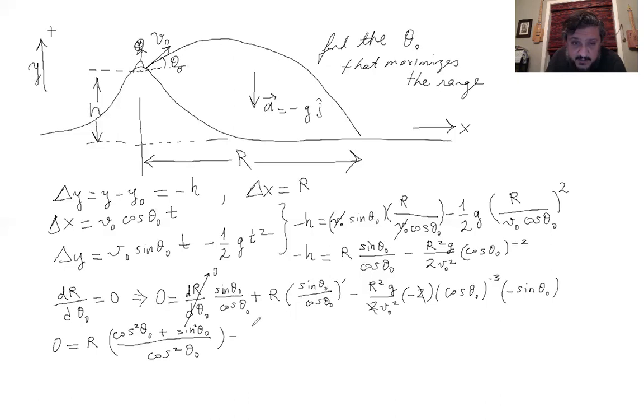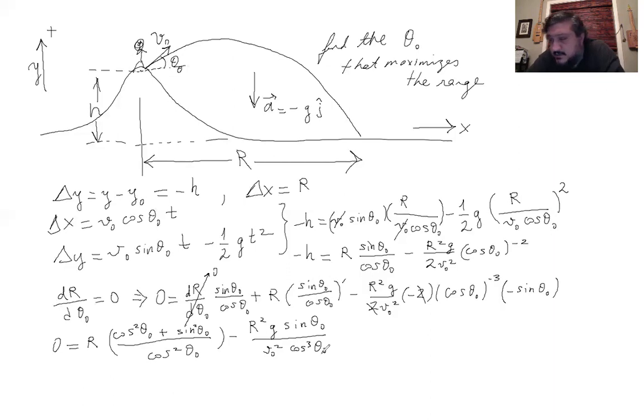Okay, so I have here r squared g sine theta naught divided by v naught squared, and cosine cube theta naught. All right, that's what we have.